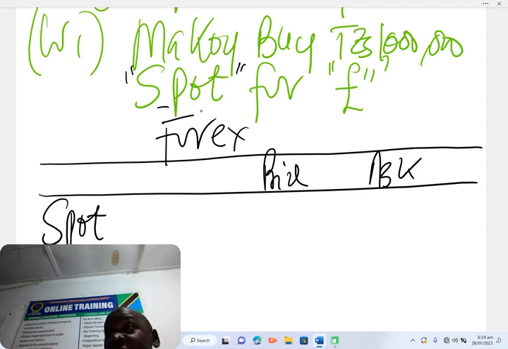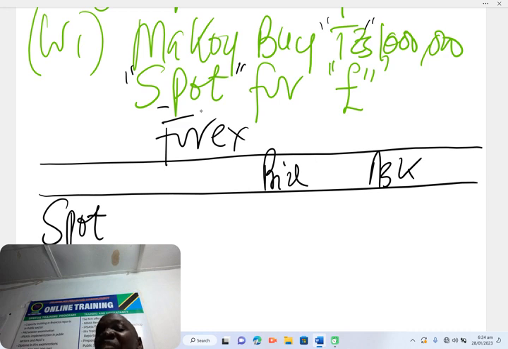Number 2, pairing. He needs TZS to be the trading currency because he wants to transact with 1 million Tanzanian shillings.